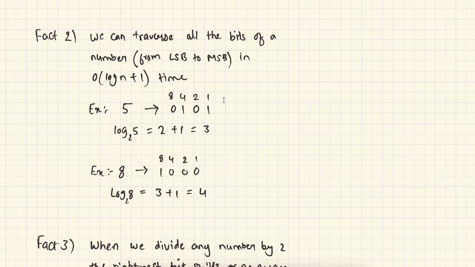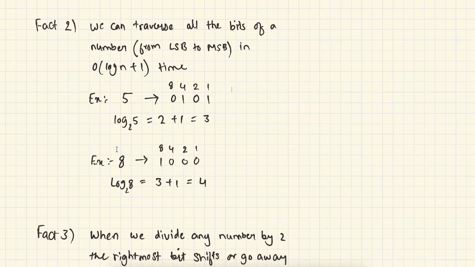We saw this before, correct? Now if I take the log of 5, we get 2, and if we add 1, we get 3. It means to traverse the binary representation of 5 from the least significant bit to the most significant bit, we need only 3 steps: for this bit, this bit and this bit.